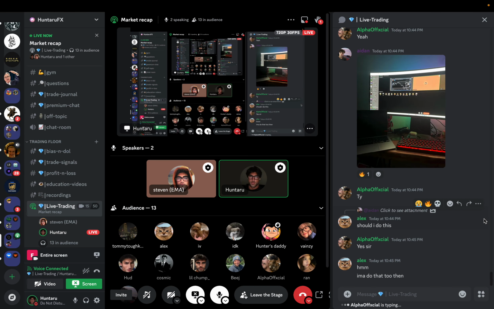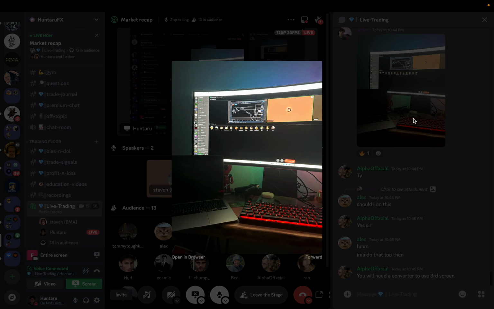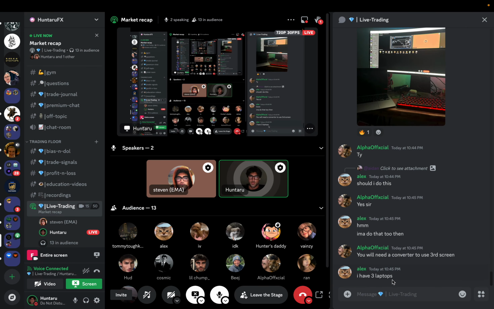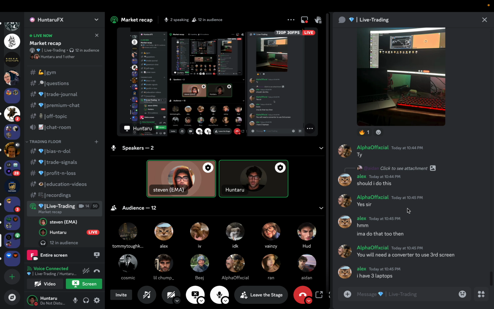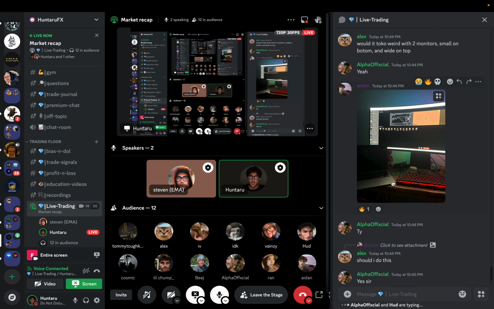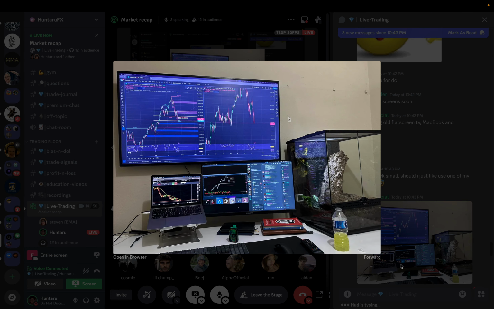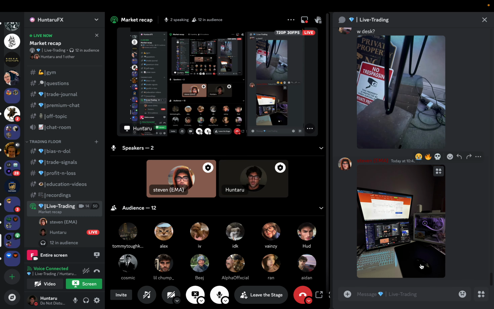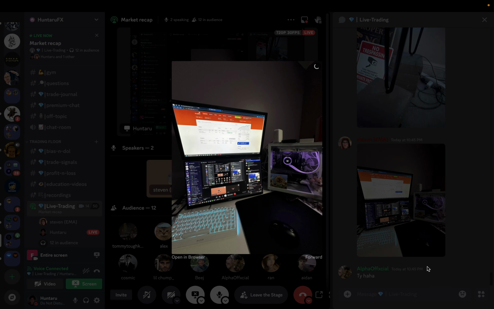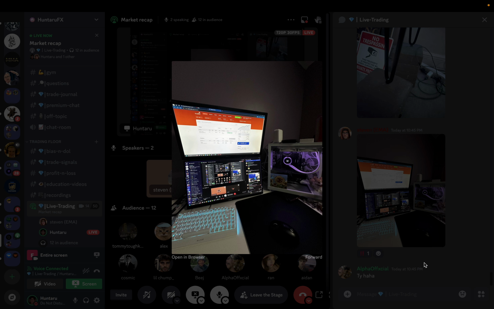You just gotta get what's it called? A converter. Yeah. The converter I have is shit. It disconnects all the time. So that's why sometimes you'll see my stream disconnect for a second, because my converter just disconnects. I need a new one. But this is a sick setup. I like how it's a TV and then this is like a wall mounted monitor. Is this your setup, Steven? This is nice too.